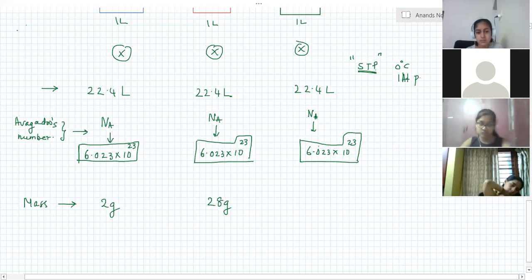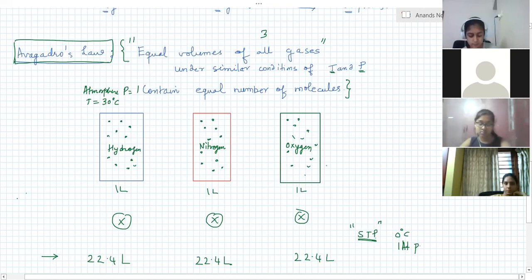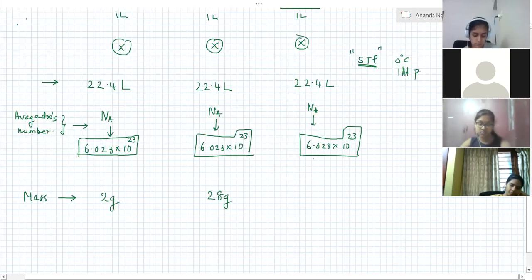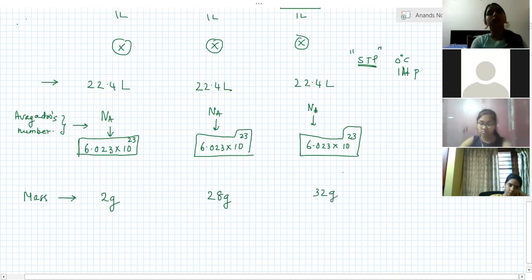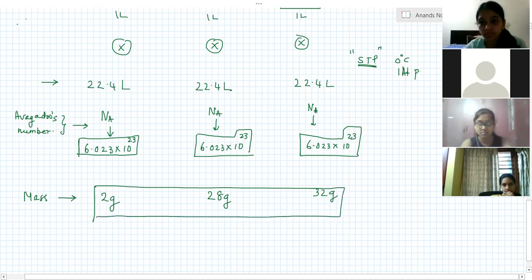And then what is the last gas? Last gas is oxygen. Oxygen is O2. O2 is 32. So I say 32 grams. Can you guess that if you take by mass 2 grams of hydrogen, 28 grams of nitrogen and 32 grams of oxygen, what their volumes will be at STP?